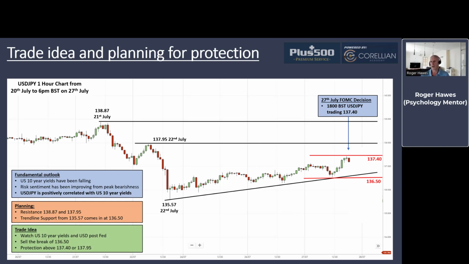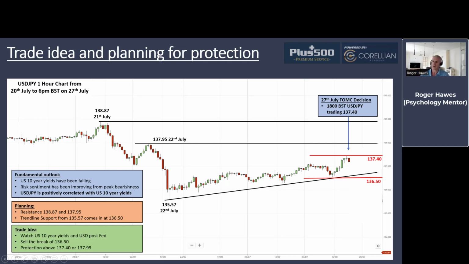We've seen a bit of a rally off the low, and that rally's gone up to a high of 137, which we could also see as a nice resistance level for our stop losses as well. And 136.50, as we've got that rising trend line support there, could be the next trigger point.